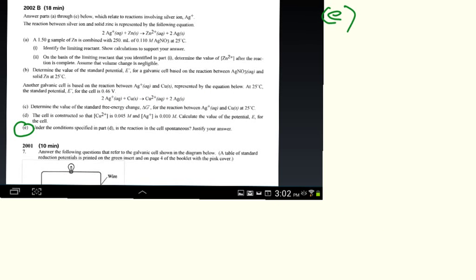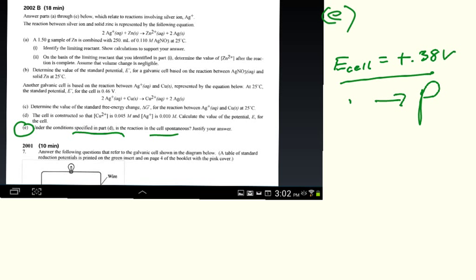And then lastly, E, under the conditions specified in part D, is the reaction spontaneous? Well, we can tell simply by looking at that cell potential that we had before. It was positive 0.38 in that previous part. And we remember that positive voltages mean that you're producing a significant amount of product in your reaction.